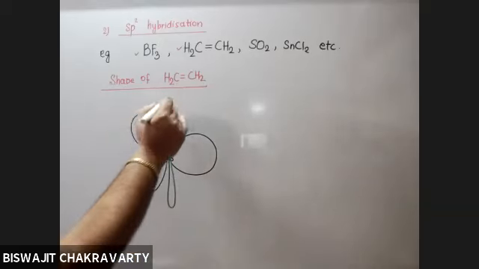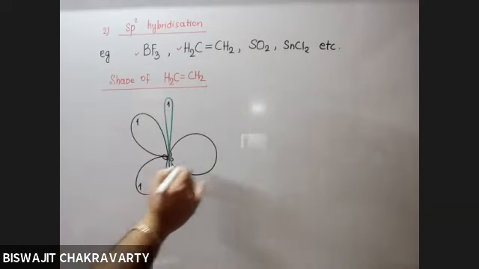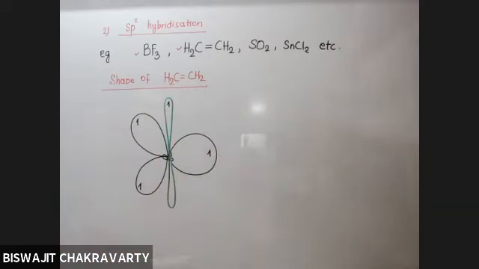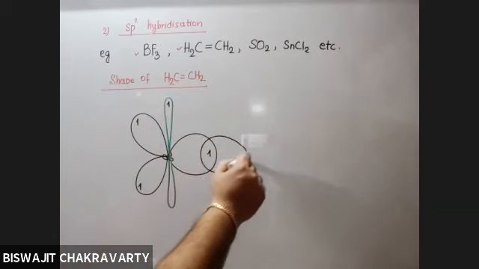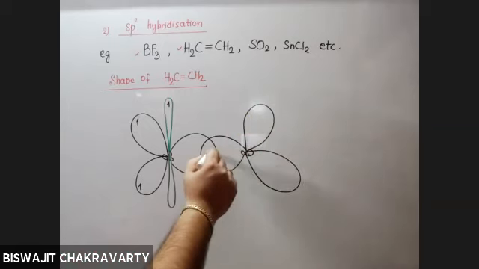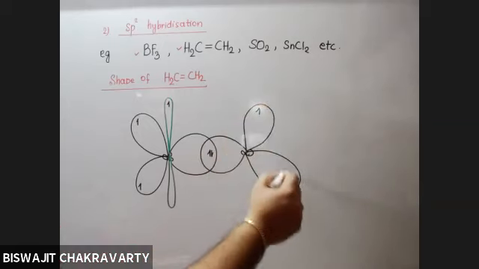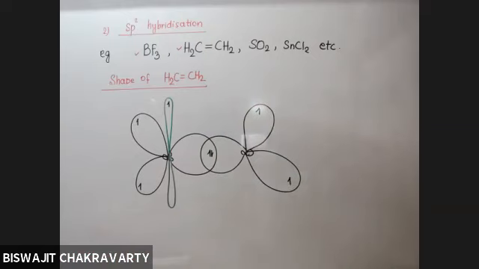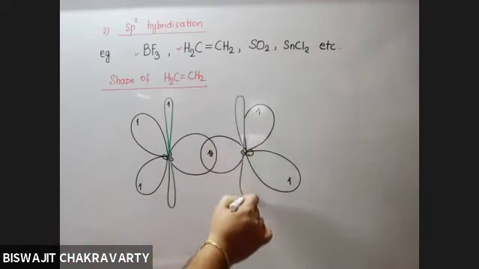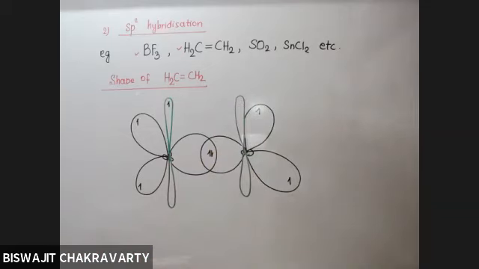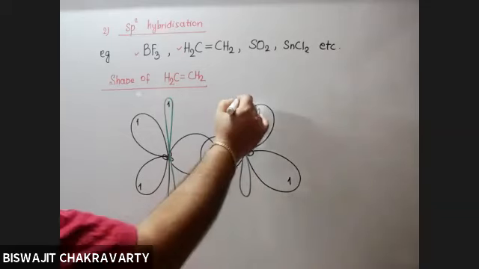Can I put 1 unpaired electron on all the hybrid orbitals as well as the unhybridized p orbital or not? In the same way, there is another carbon which is also showing the same kind of hybridization. See whether it is understood or not.